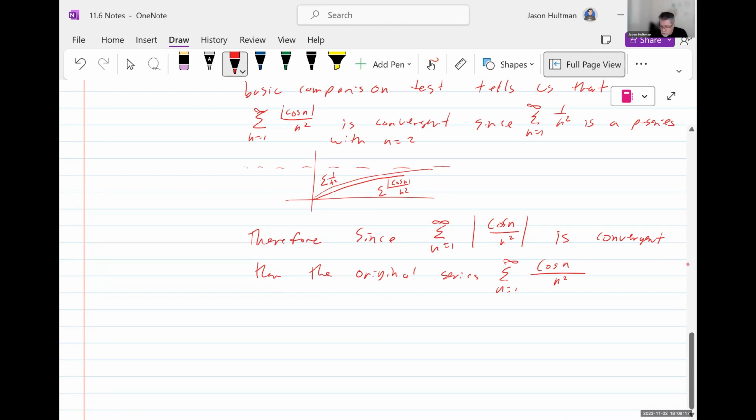So if we made all of those positive, we now know that even if we make them all positive, it's still going to converge, and the original series will be absolutely convergent, and thus convergent, because anything that's absolutely convergent is convergent already.